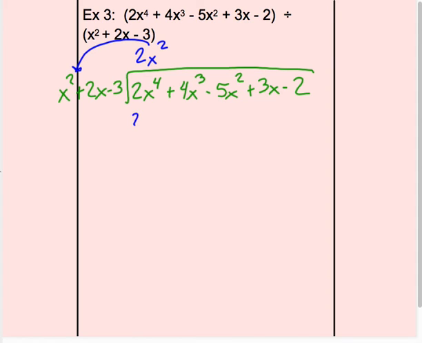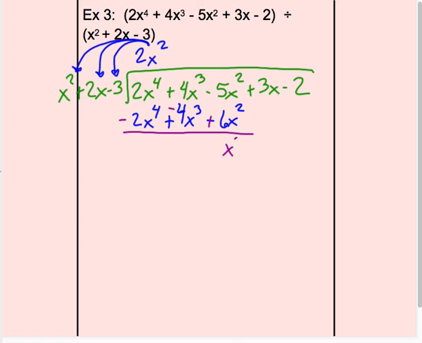2x squared times x squared is 2x to the fourth. 2x squared times 2x is 4x cubed. And 2x squared times negative 3 is negative 6x squared. Subtract, change the signs on all three terms. Our first two terms cancel, and we get negative 5x squared plus 6x squared is 1x squared.